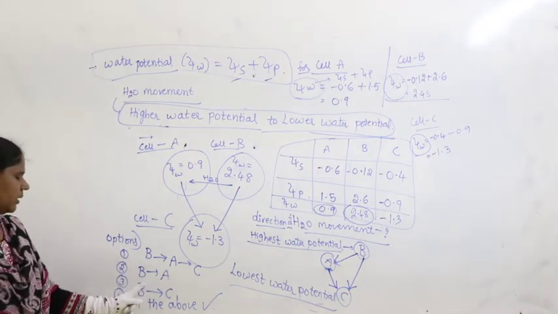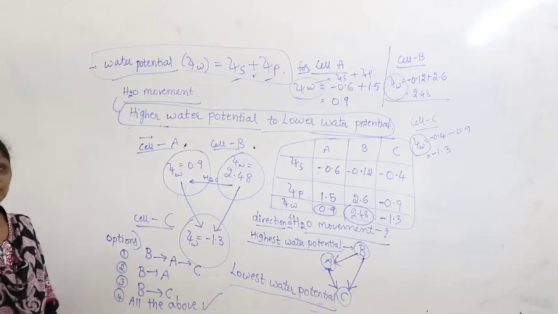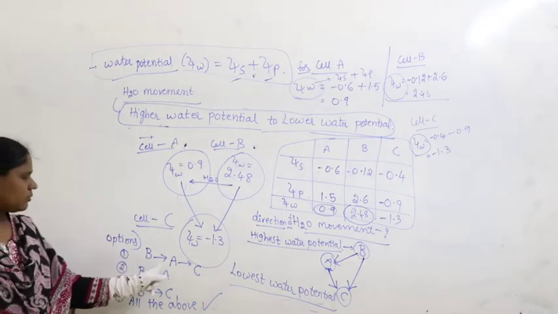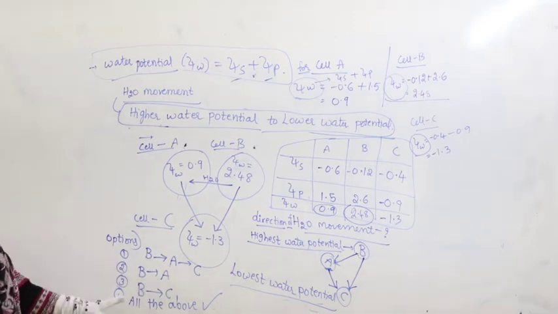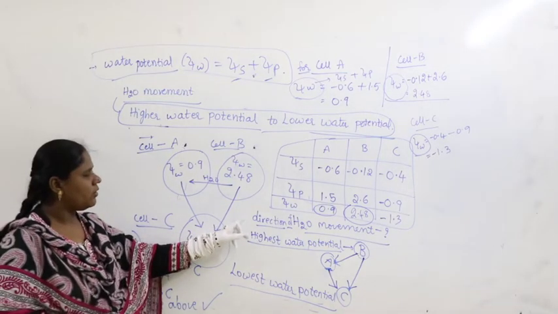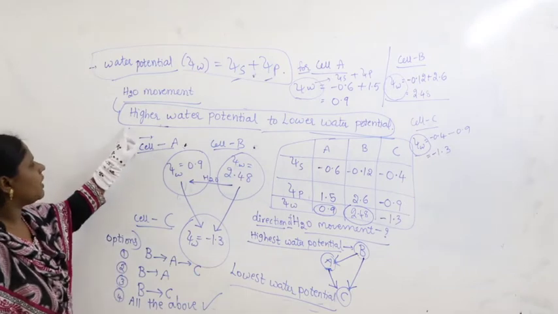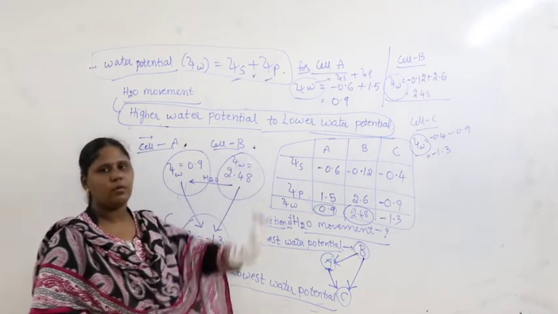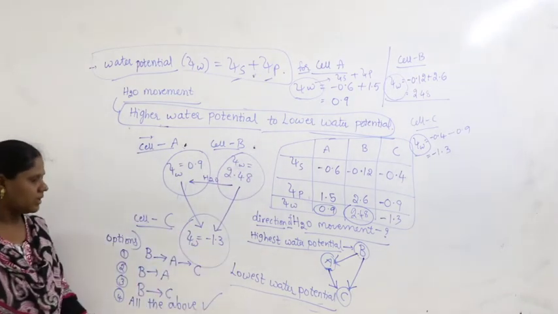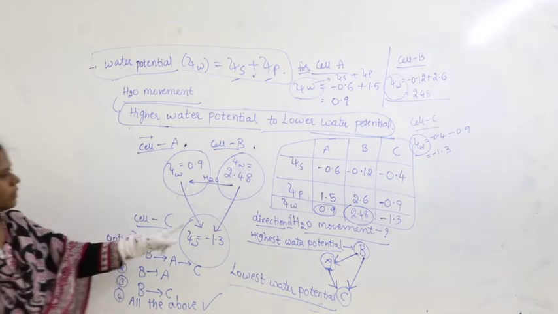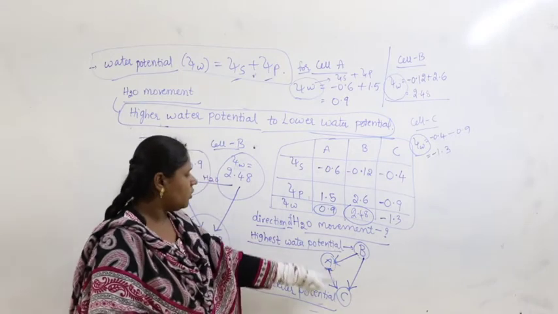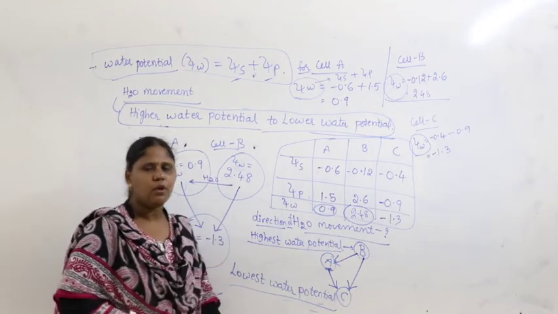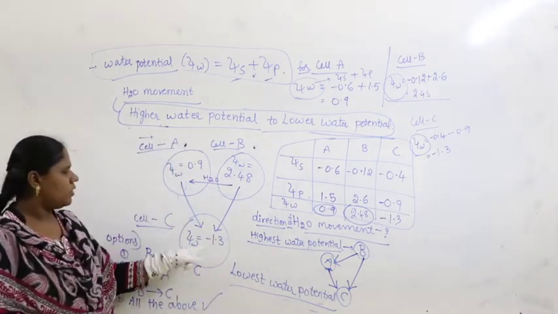Suppose C to A or C to B, any of those options are given, then you have to take the option B to A to C. Right. So remember, the direction of movement of water occurs from higher water potential to lower water potential. Based on that you can calculate the water potential values, and based upon the water potential values you can draw the directional movement of water from which cell to which cell.